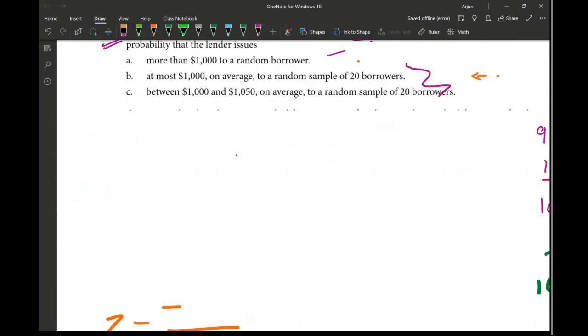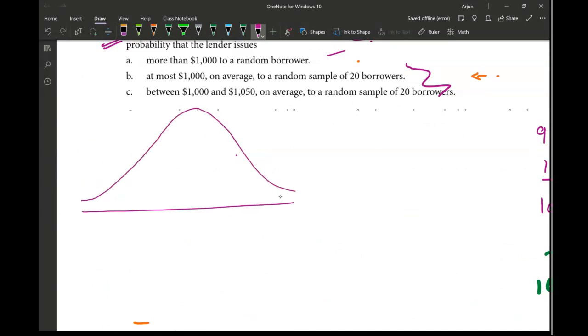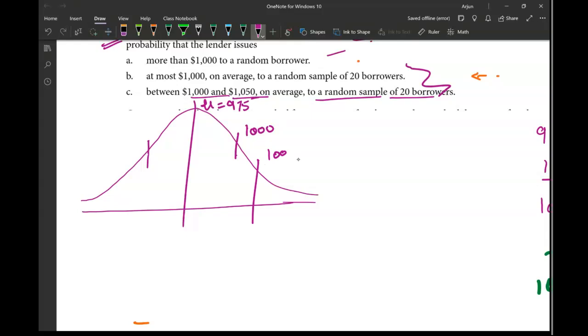So this will look like this. Again, I'm going to draw the graph, and I'm looking for between 1000 and 1050 on an average for a random sample of 20 borrowers. Here the x bar value will be 1000, the mean value is 975, and the other value is 1050.